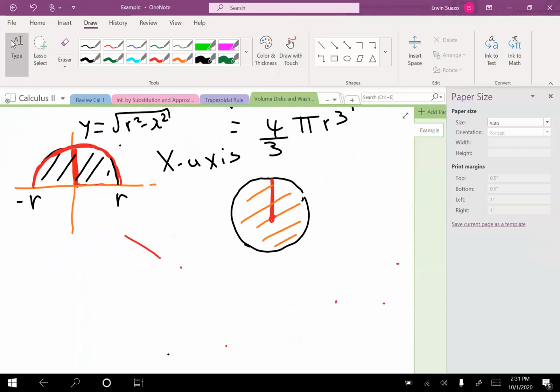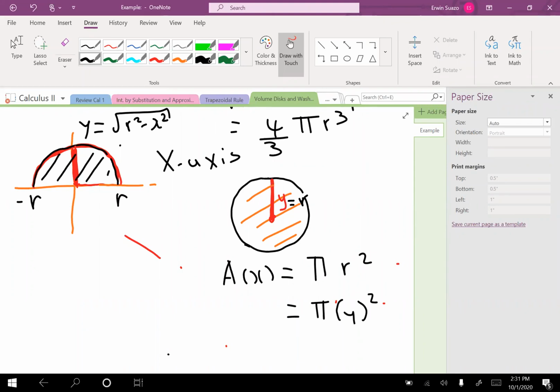So all that I need to do is find my integral, because this is y. And y is the square root of r squared minus x squared. So we follow the example before. The area, A of x, in this case is pi r squared, but r is just y, and y is the square root of r squared minus x squared.